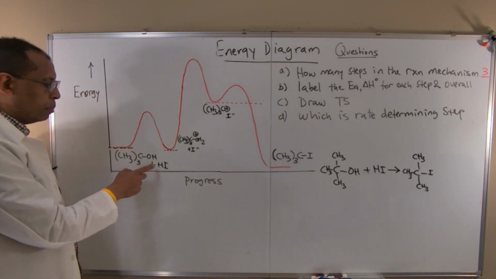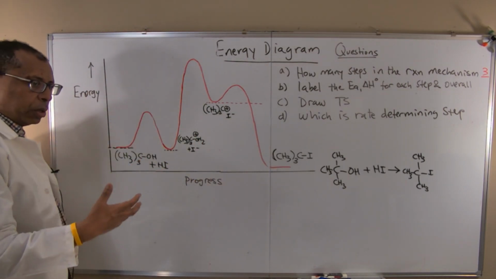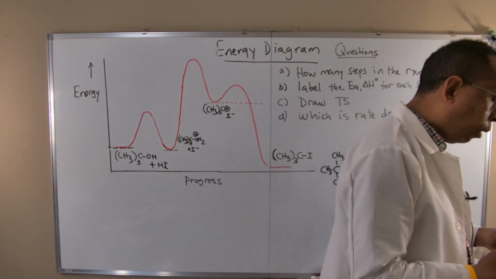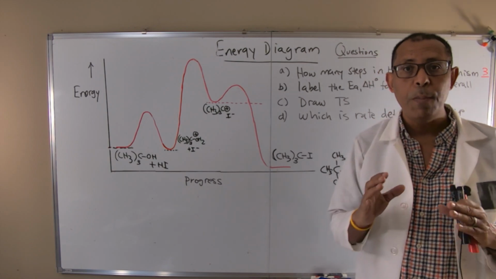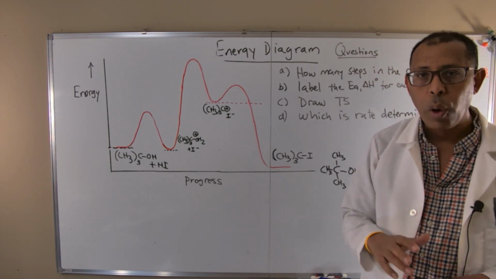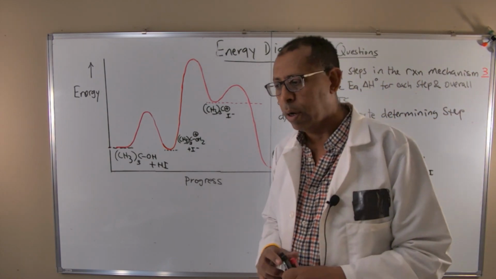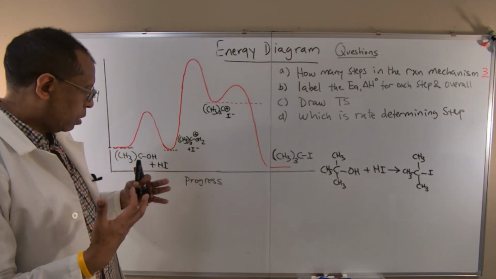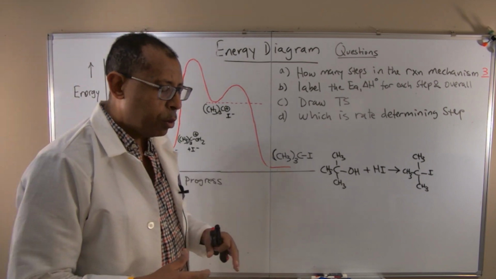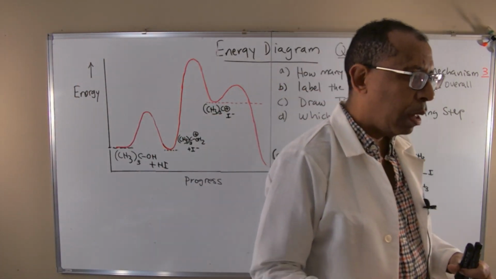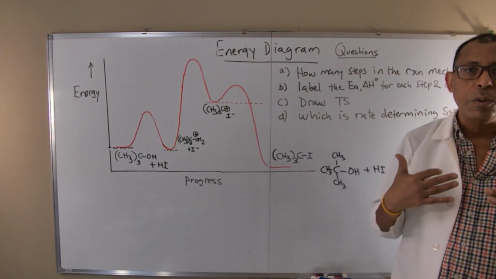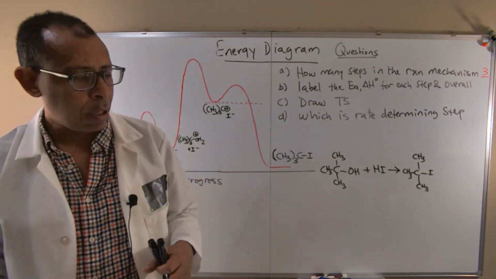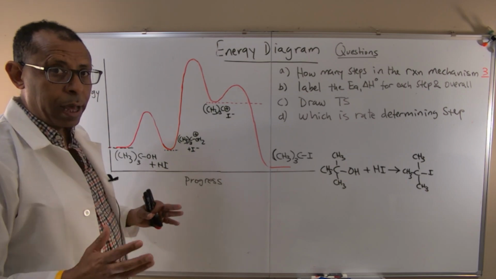Step 1 is the protonation. We call it activation of an alcohol. The first thing, the alcohol should be converted into a good leaving group. OH minus is not a good leaving group. So what we do in the synthesis is activate the OH and convert it into a good leaving group. Conversion into a good leaving group involves reacting it with a strong acid.